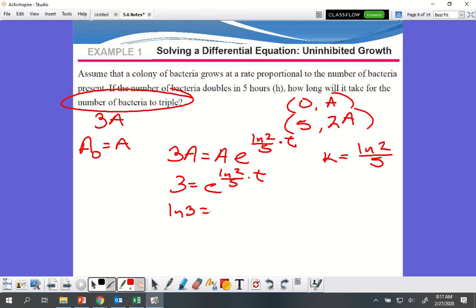What decimal is that going to give me? I kind of need that one. ln 2 over 5, what do we get? Anyone? 0.138. I need one more number. 6. All right, and that's going to be times t there, right?